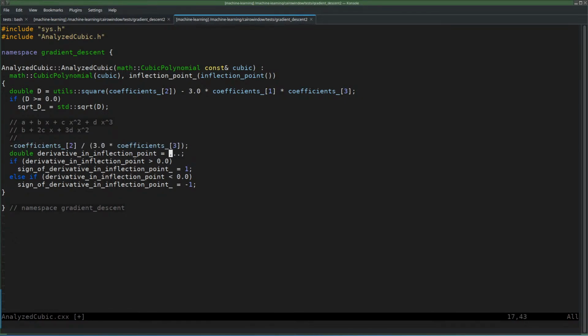Let's see, index 0 is A, B, C is minus c divided by 3 times d. Oops, I meant to put that there.